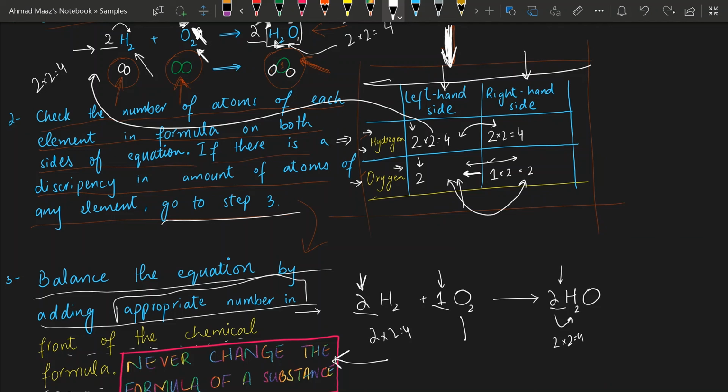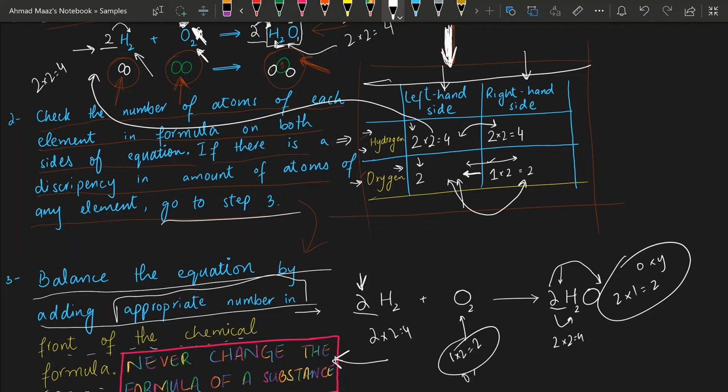Similarly, 1 times 2, you do not need to write 1 over here. It is understood that if nothing is written, then there has to be 1. So 1 times 2 equals 2 oxygens, and 2 times 1, if there is nothing in the subscript, it means 1, equals 2 oxygens. So the number of oxygens on the right hand side is equal to the number of oxygens on the left hand side.